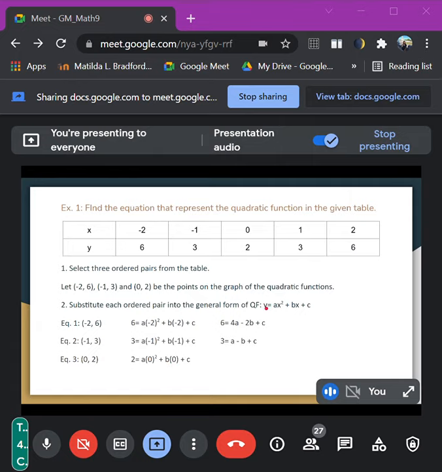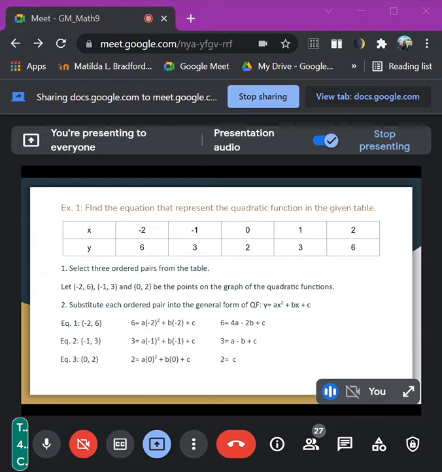You substitute your y and x again. Then simplify. What remains is 2 equals c, since this one is 0 and this one is 0. That is already equal to c. So that is now your equation number 3.